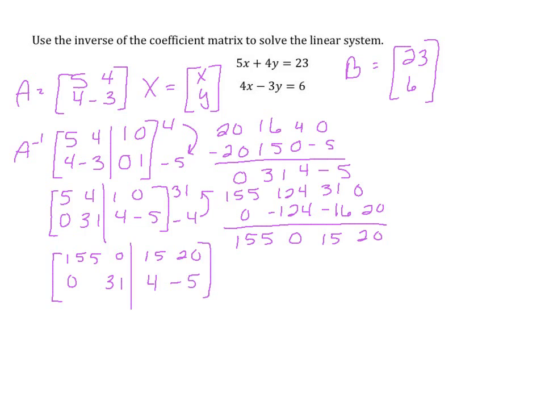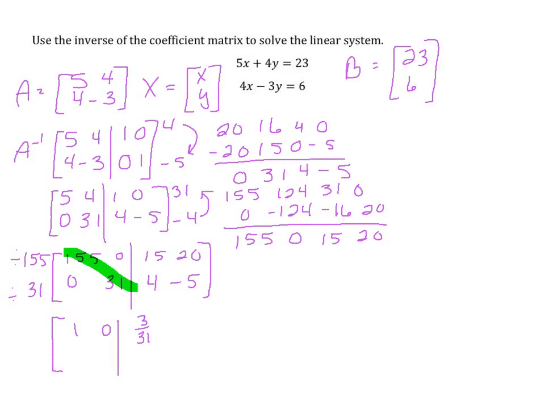Now we need to get our diagonal into ones. So remember, these portions need to be ones. So I'm going to divide my top row by 155 and divide my bottom row by 31 and reduce our fractions. So when I do that, I'll get 1, 0. 15 over 155 is 3/31sts. They both can be divisible by 5.